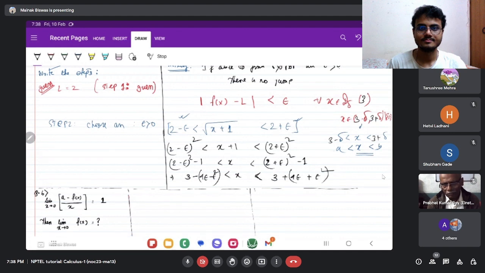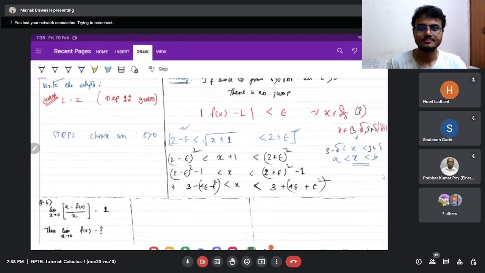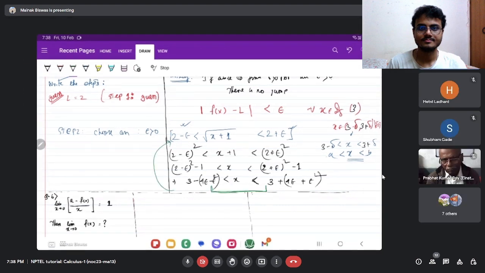So this is your values of x. If you can guarantee a delta between these two, then this is always true. For example, for values of x between these two, if this condition is true, then the star condition is true.